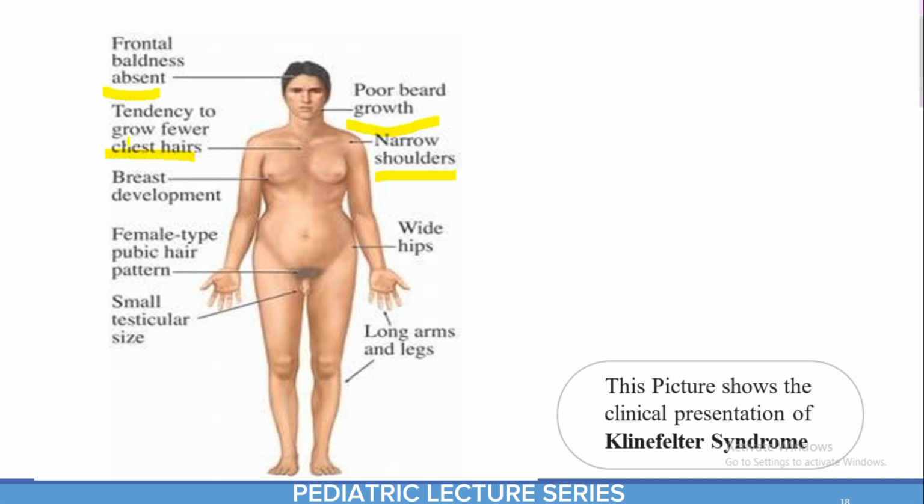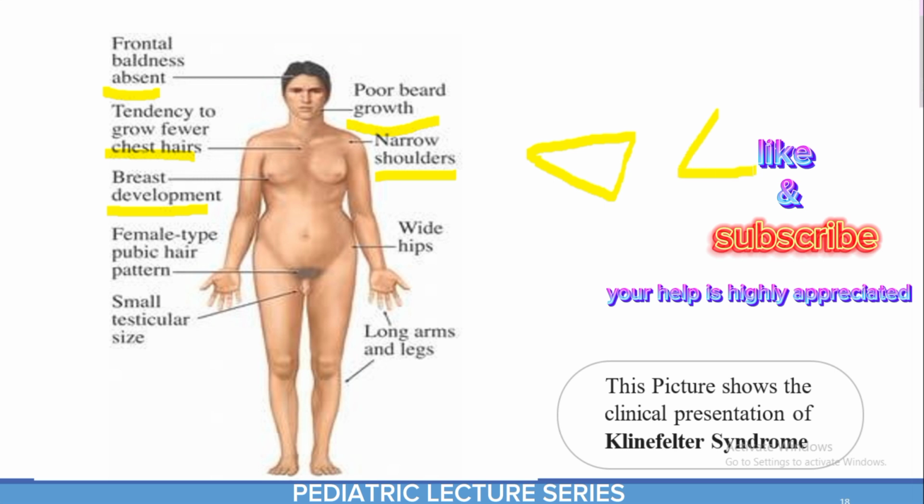And then you have breast development, of course, which is typical for a lady instead of a man. And then you have the female-shaped pubic hair pattern. In women, this is the pattern of hair growth, and then in men, this is the pattern of hair growth.